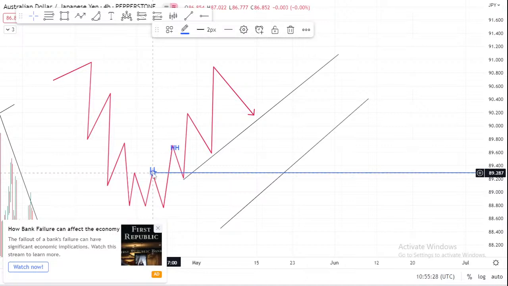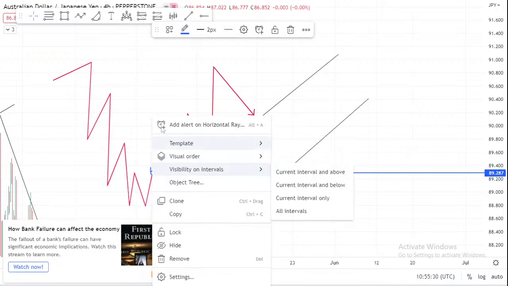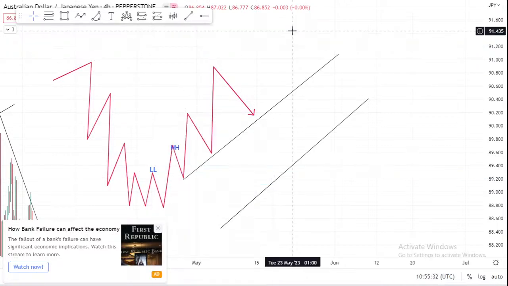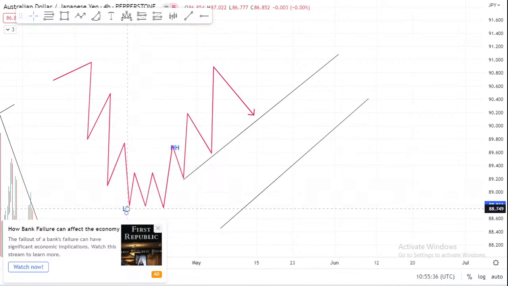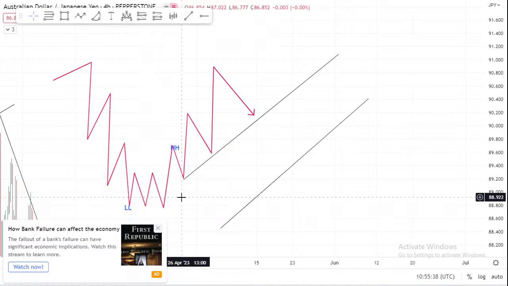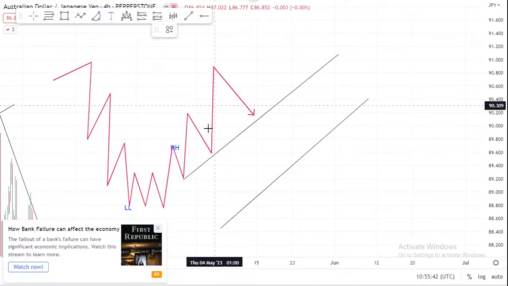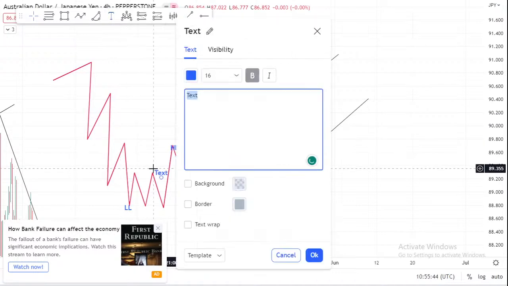Nobody is even texting me this so that I rectify it. The lower low should be this level, so that's the lower low, this is the lower high. It was just a small confusion.